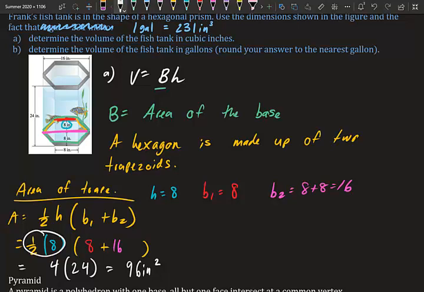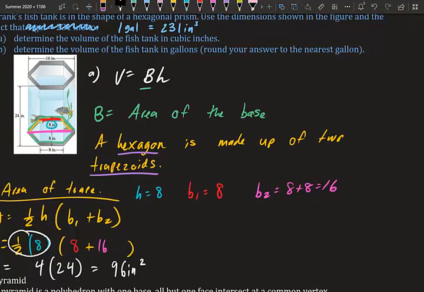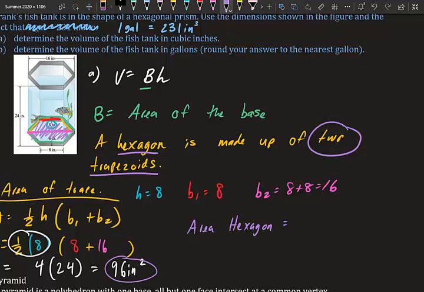So because we know a trapezoid, or excuse me, a hexagon is two trapezoids, we just need to multiply this by 2, because then we'll get the whole thing. So the area of our hexagon is 2 times the area of the trapezoid.